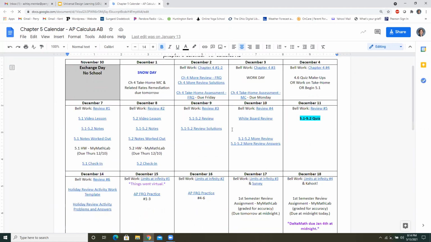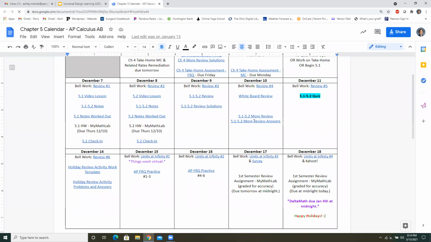And what's really nice about this model is that it can meet the needs of learners both virtually or in a traditional setting. It also is appropriate for students who might be absent. So everything is linked here. For example, looking at this week of December 7th, we have the bell work linked.